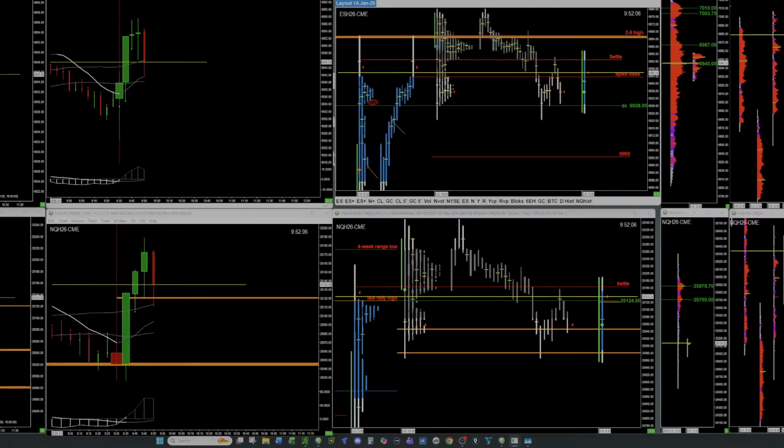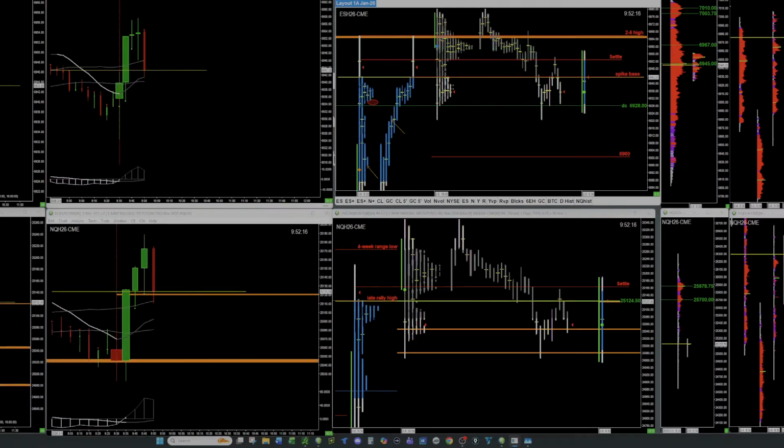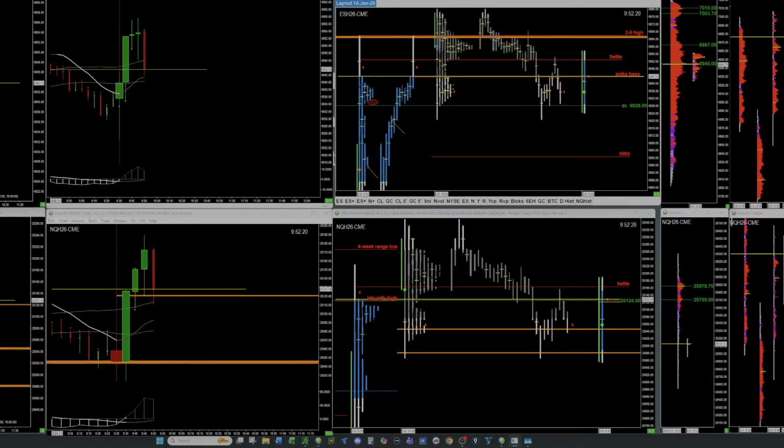There's some sign of weakness here, right? Opening below the spike, closing the distributions, not taking previous day high.